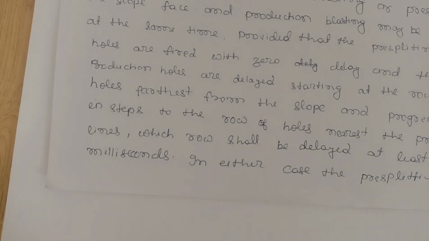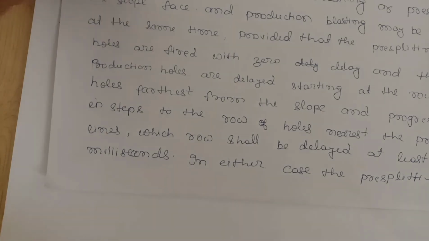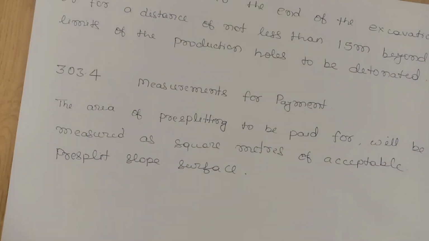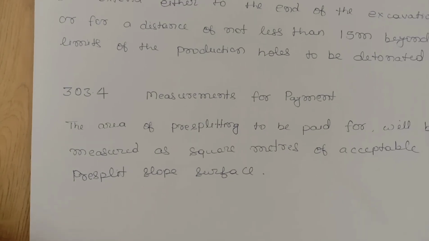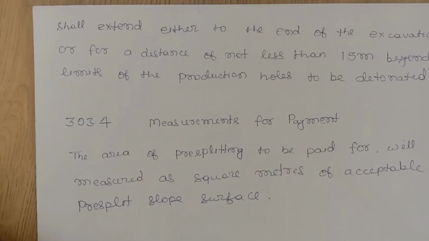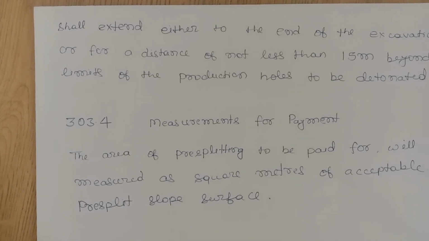In either case, the pre-split holes shall extend either to the end of the excavation or for a distance of not less than 15 meters beyond the limits of the production holes to be detonated.